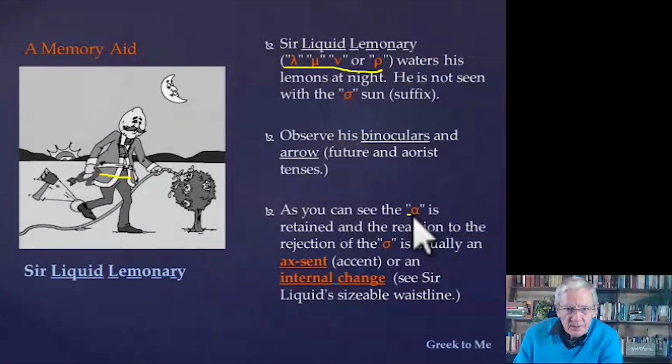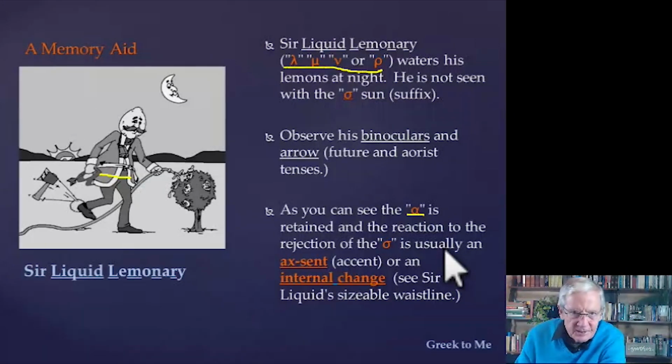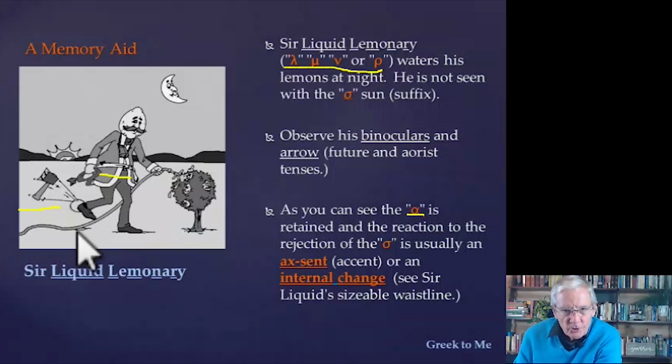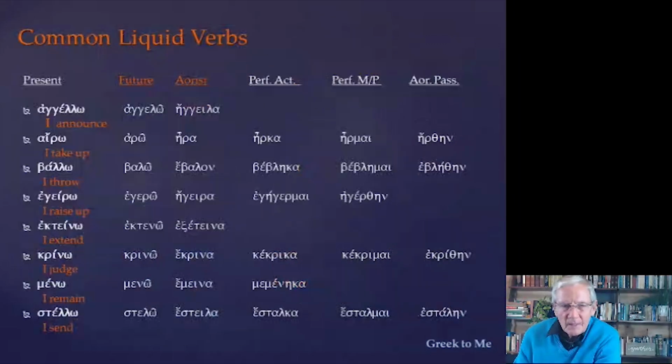So you'll see that the alpha is retained in the first aorist, and the reaction of the sigma getting kicked off is usually an accent, and you'll see the axe that got sent right over here, or an internal change. So that's chapter 16 in a nutshell.